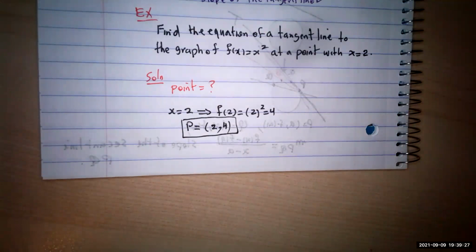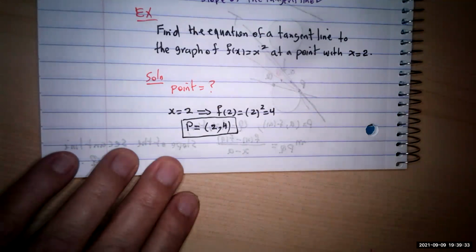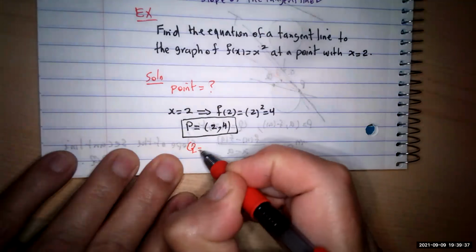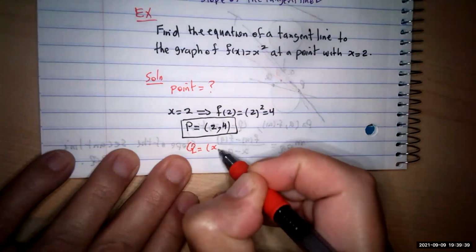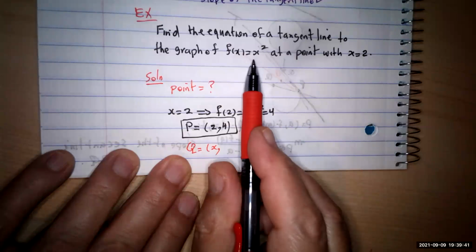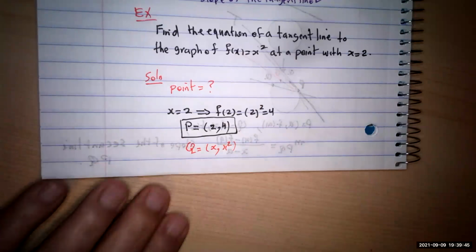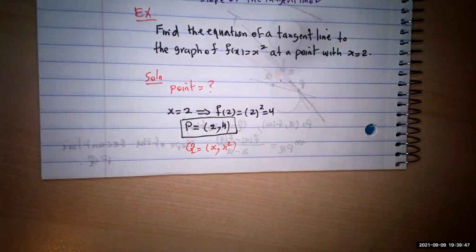We pick the Q because you have to form the slope of a secant line. So pick Q. You can pick anything you like. So Q, the coordinate is x. You drop it into the function, the y would be x squared. So that's P and Q. Okay, now find the slope of a secant line.